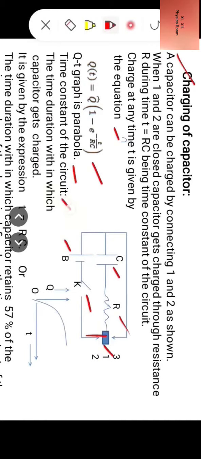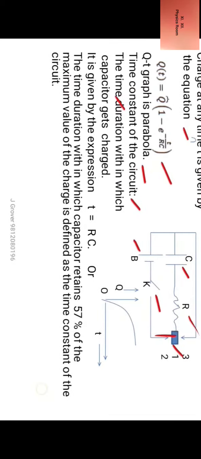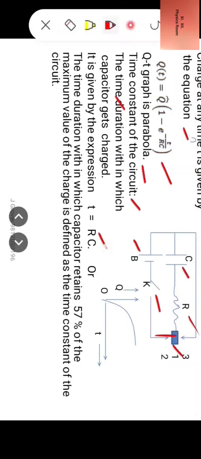Now let us define the time constant of the circuit. The time duration within which the capacitor gets charged is defined as the time constant of the circuit. It is given by the expression t equal to RC.